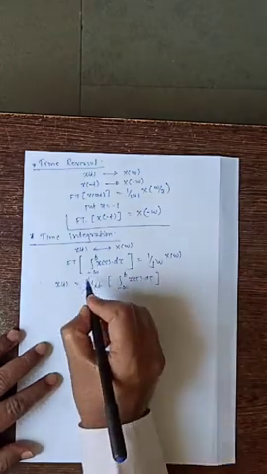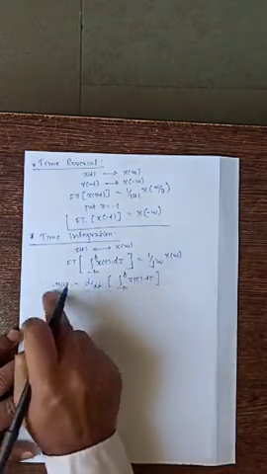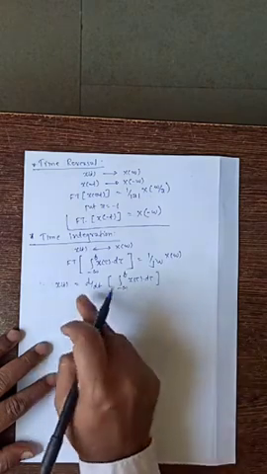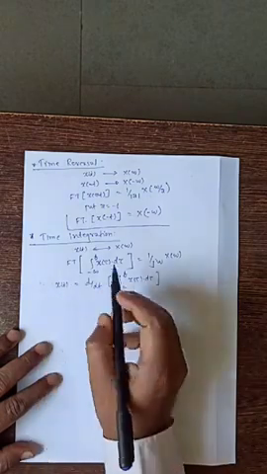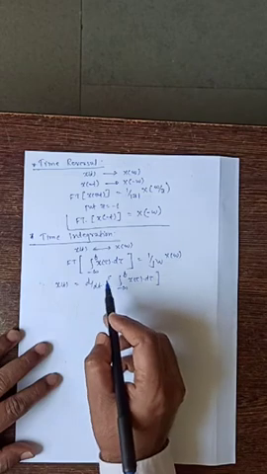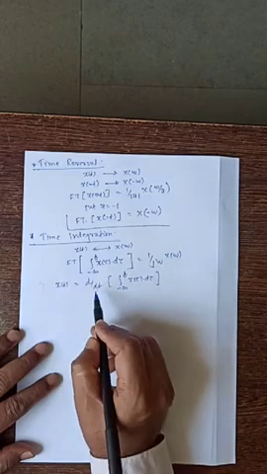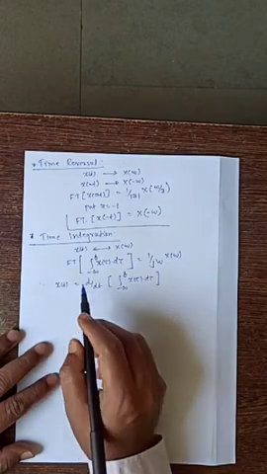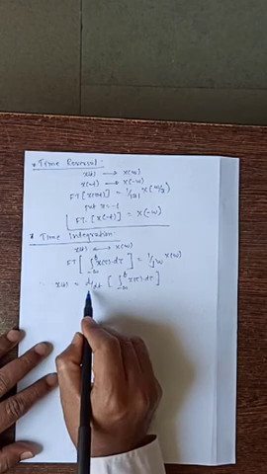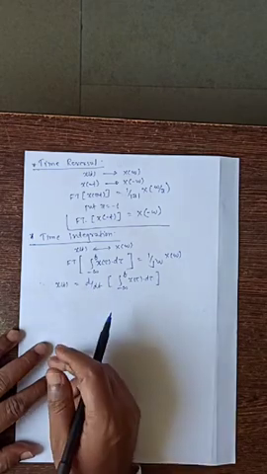If suppose this is the signal, we have to find the Fourier transform of it, but as we are using the differentiation property, I am writing x(t) is equal to d by dt of this integration.